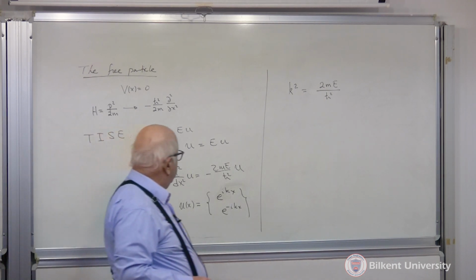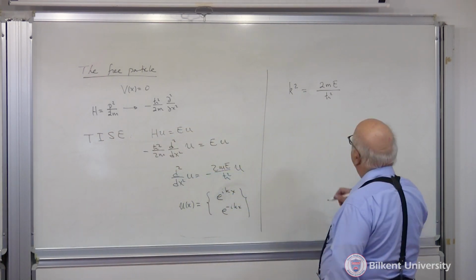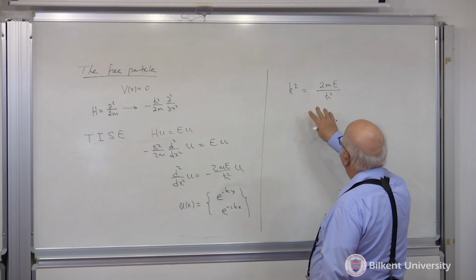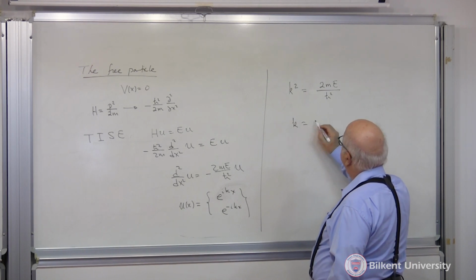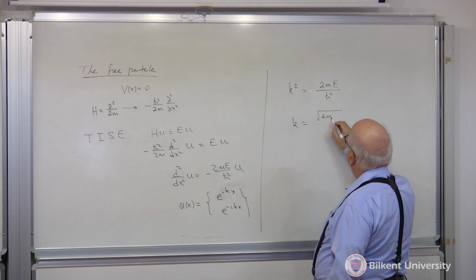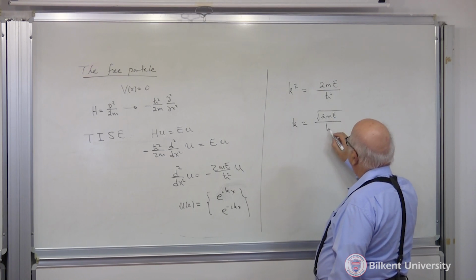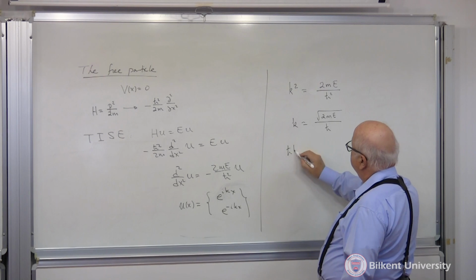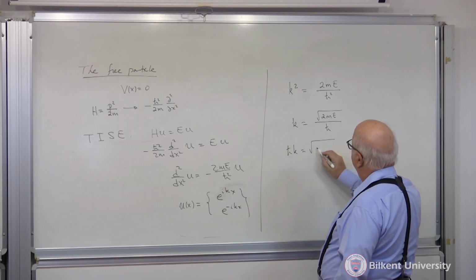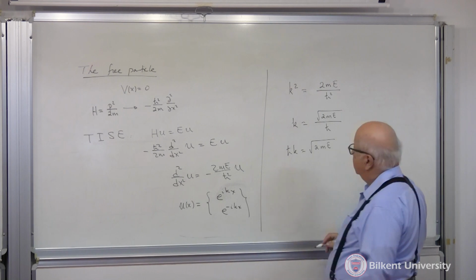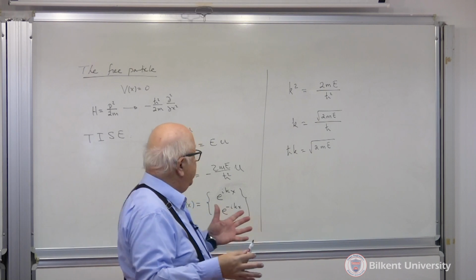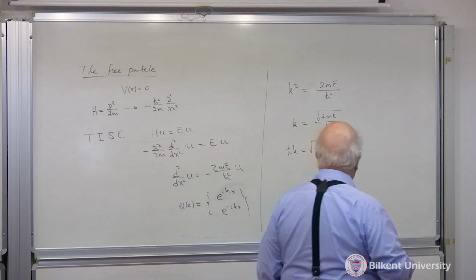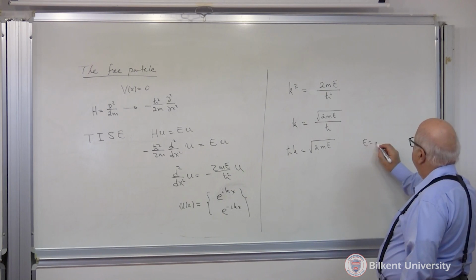Now, let's just see what this is saying. Let's look at what k is. k is going to be equal to square root of 2mE over h bar, or h bar times k is equal to square root of 2mE. Now remember that I have only kinetic energy in this problem, and energy itself is equal to p squared over 2m.